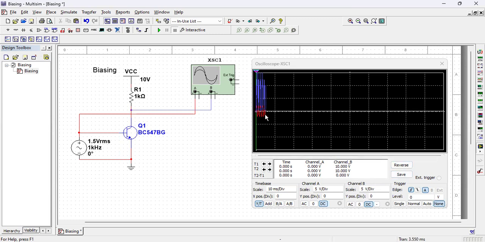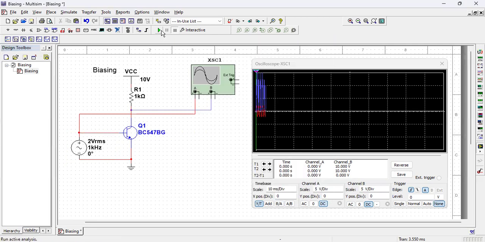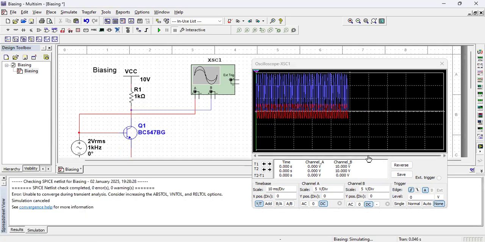Red one is the signal, and the blue one is the output, whereas output is not at all as per the signal input, right? 1.5 volt RMS, 1K, and if I increase a little bit more, 2 volt RMS, 1 kilohertz, let's say, right? Whatever it is, I'll expand this display for you.